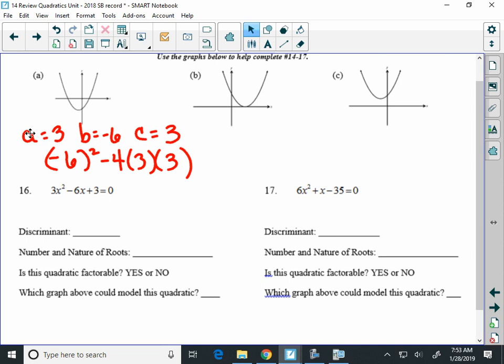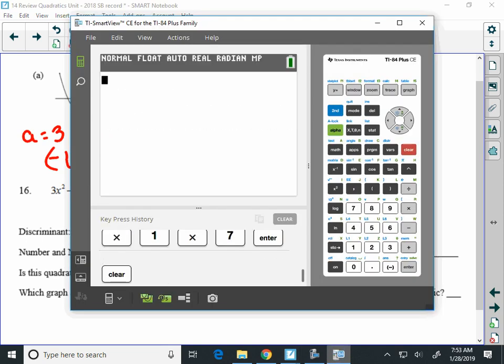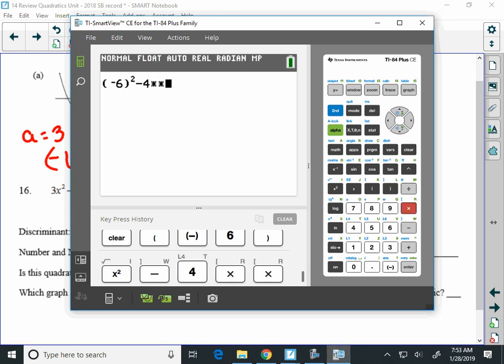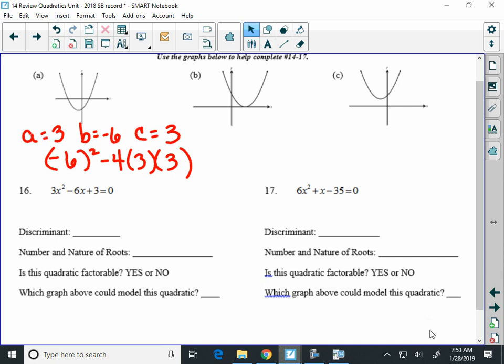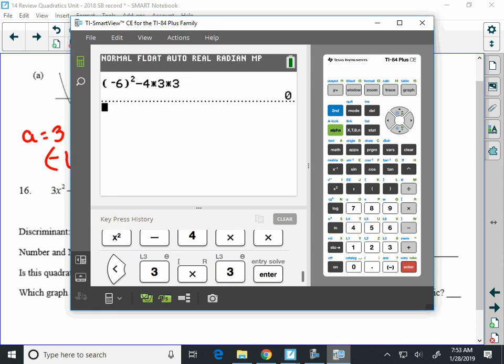So we pull up our calculator, and we have -6 squared minus 4 times 3 times 3. You can check real quick to make sure I have it typed in right. It's 4 times 3 times 3. And we get 0.